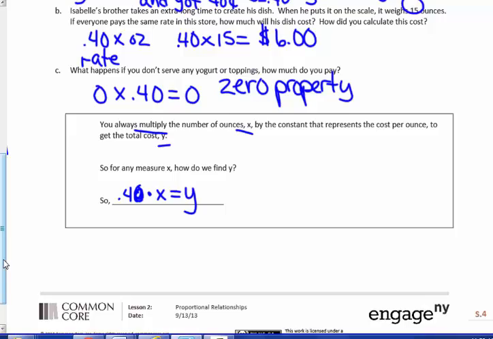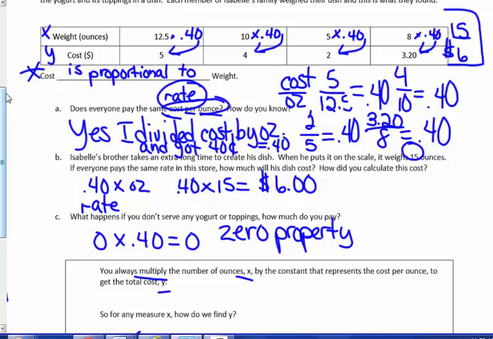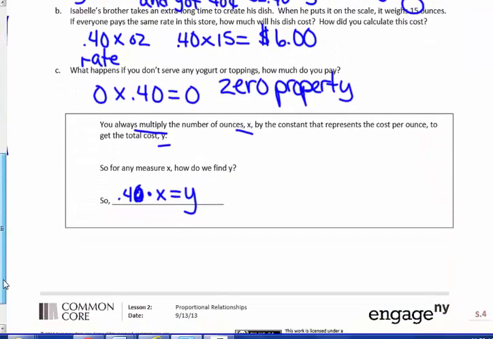That's what I showed in the table when I was just multiplying this. 40 cents times 12 and a half, $5. So you take your rate times the top variable X, and it will give you the Y.